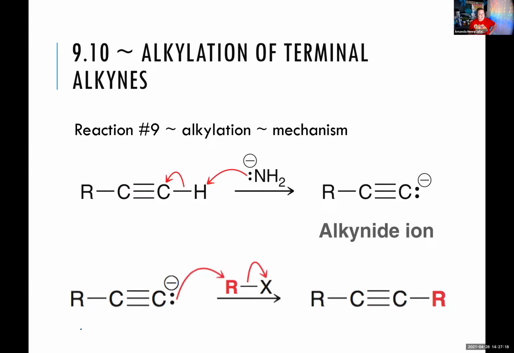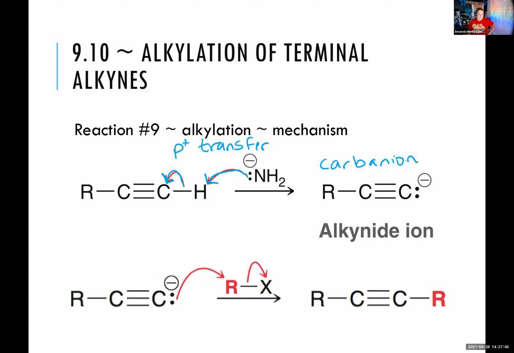There's nothing weird. We're starting with a proton transfer. So there's our amide, our NH2 minus. It's our base. It's going to take that hydrogen off of our terminal carbon, and then the electrons go onto that carbon. So this is just a proton transfer, and we're going to create our carbanion.